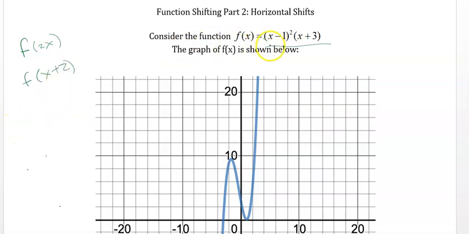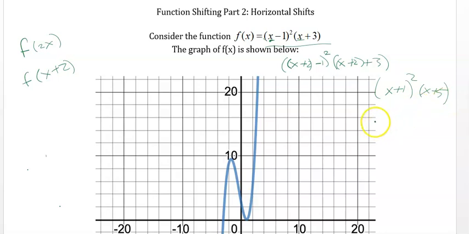Well, you would have to take each of these x's and replace them with an x plus 2. So you'd end up with x plus 2 minus 1 squared, where the x there got replaced with x plus 2, times x plus 2 plus 3. And you would have a new function. Your new function would actually be equivalent to x plus 1 squared times x plus 5.